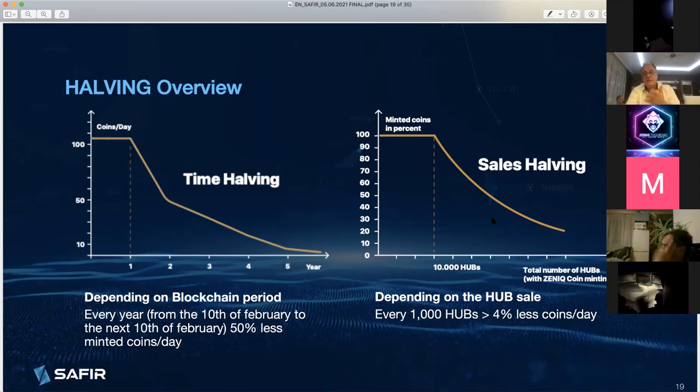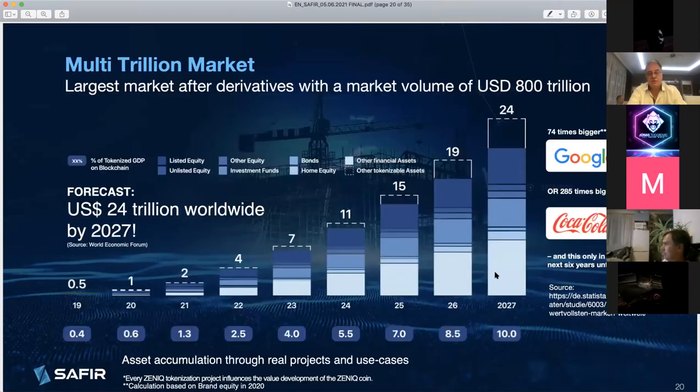And so it continues until we have delivered all the ZENIQ hubs out on the market. So this part is very important to understand how it works and why it works.